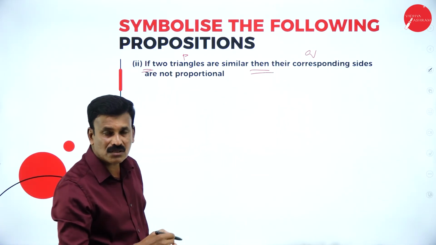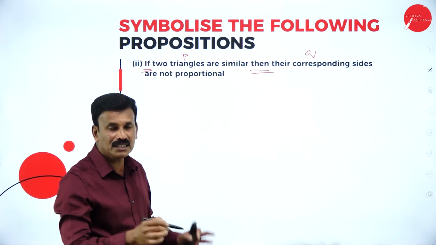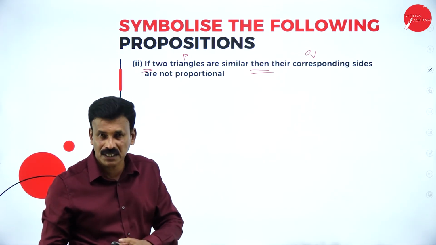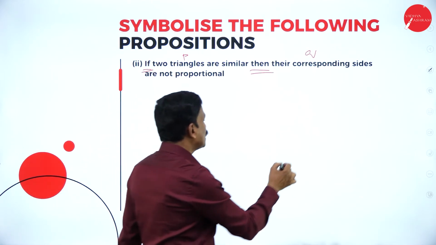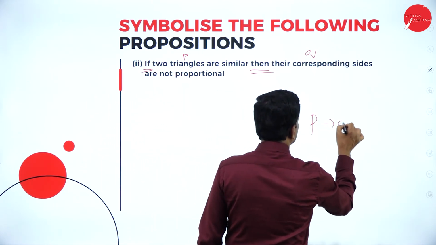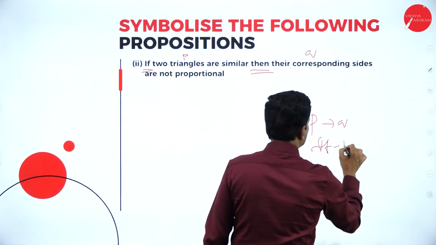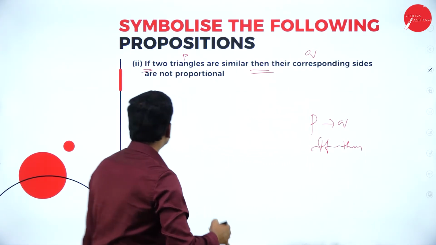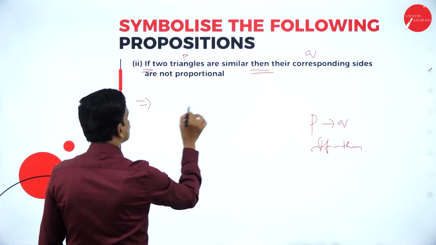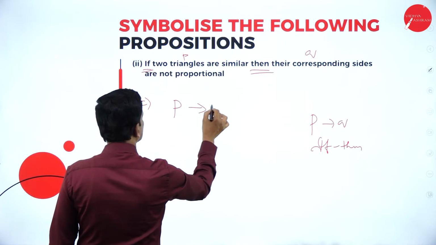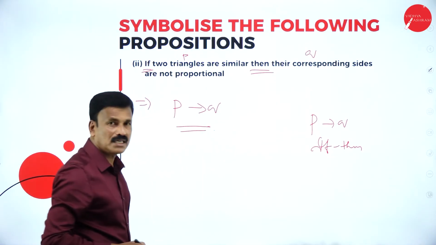So this statement is connected by the connective if then. If then is nothing but the conditional statement, P conditional to Q means if then. So the answer for this is: if two triangles are similar means P conditional to Q. This is the symbolic representation.